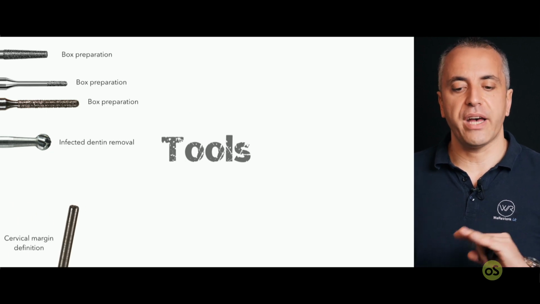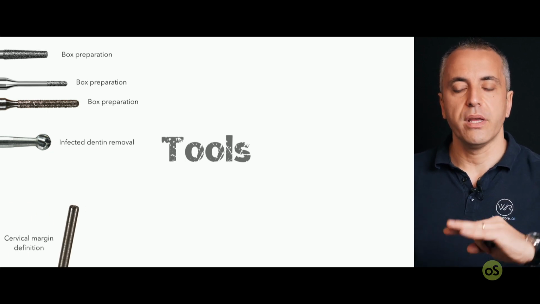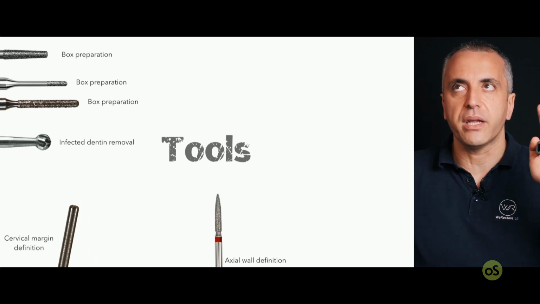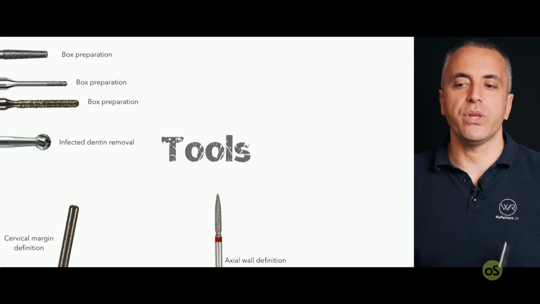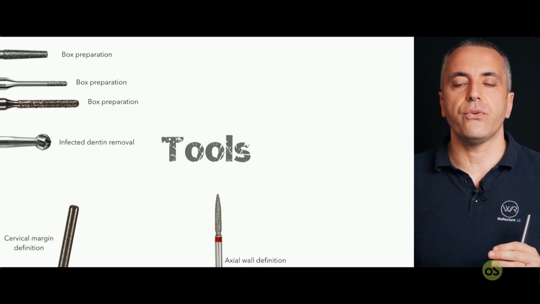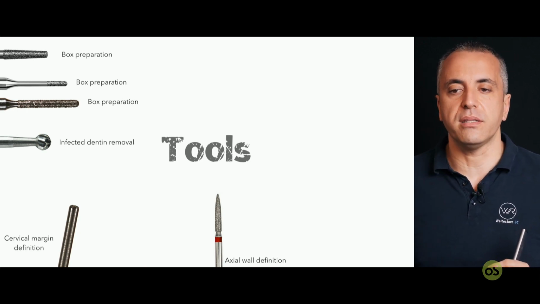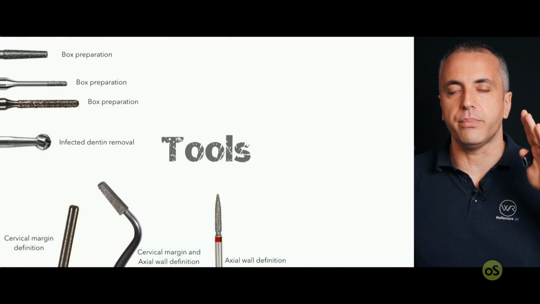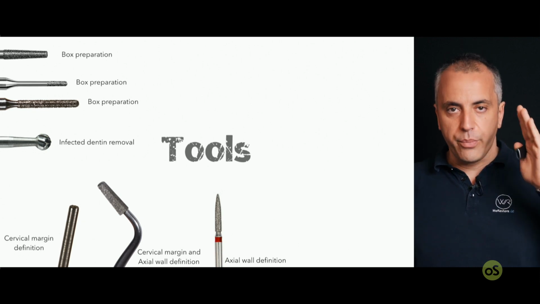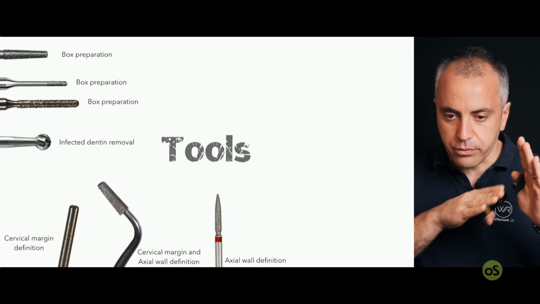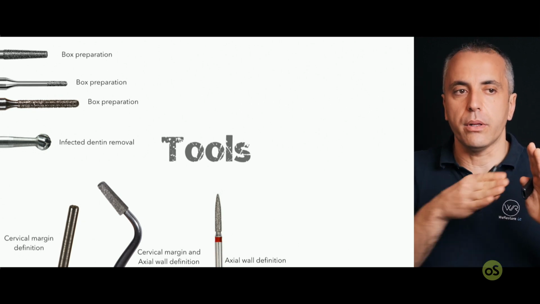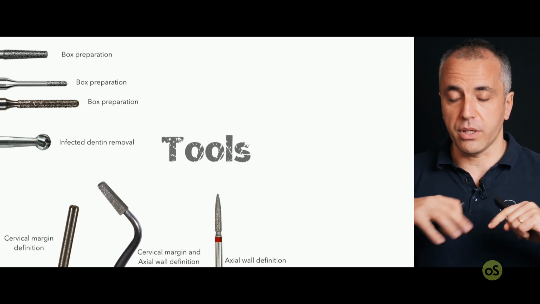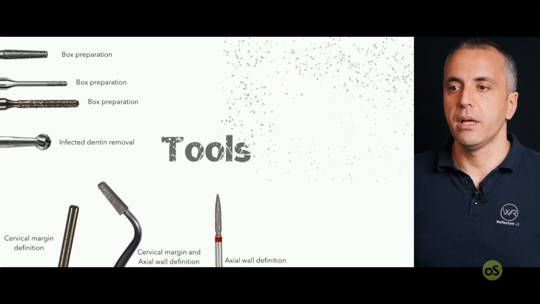Then how to define the box of the class 2? We will define it with a burr that cuts on the head, and define the margins of the wall with a flame. And if we have a sonic tip, we can have the two together because the sonic tip has the property to prepare axial walls, also the cervical wall, and also makes a nice connection between the faces of the box.